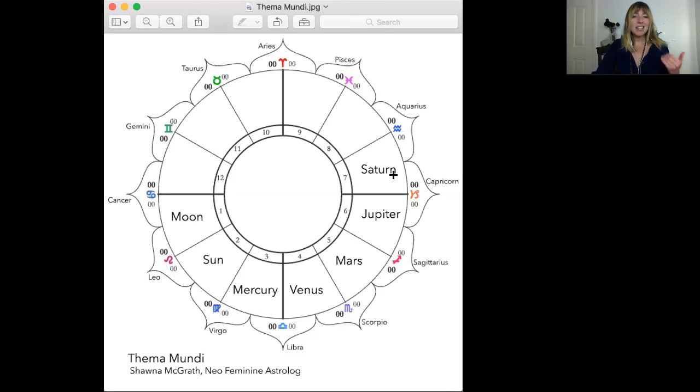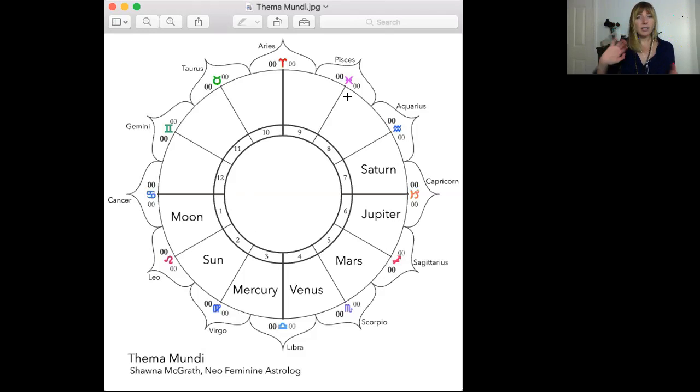And that's a part of why we started to have the modern rulerships, where you might have read that Uranus rules Aquarius, and Pluto rules Scorpio, Neptune rules Pisces. I think that a part of why that happened was because we weren't aware of this original system.